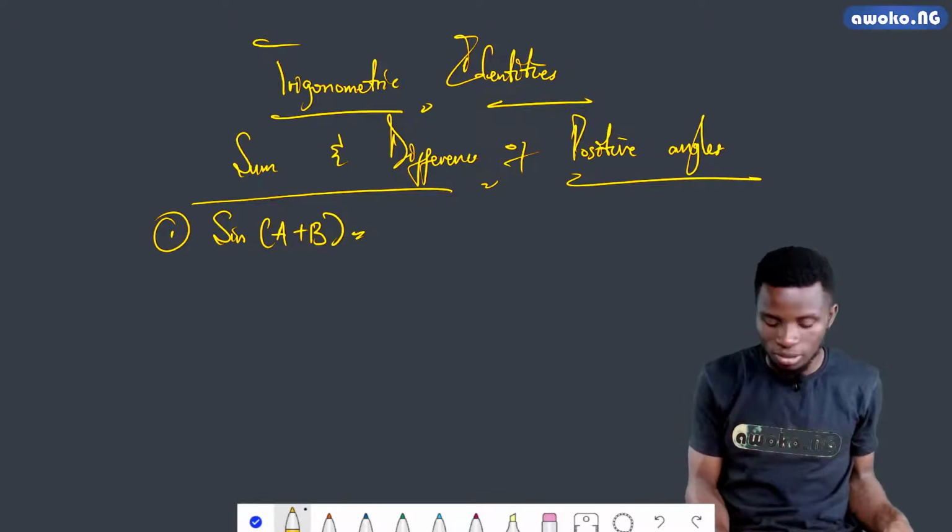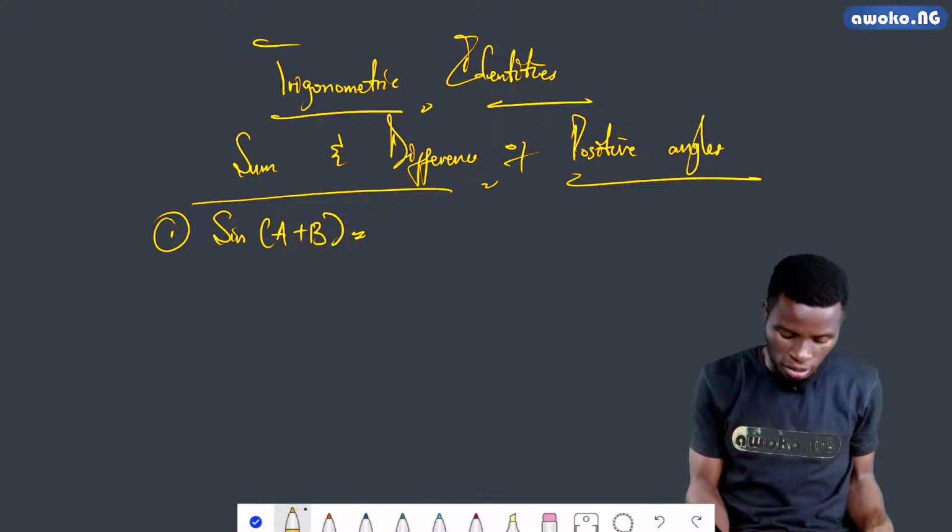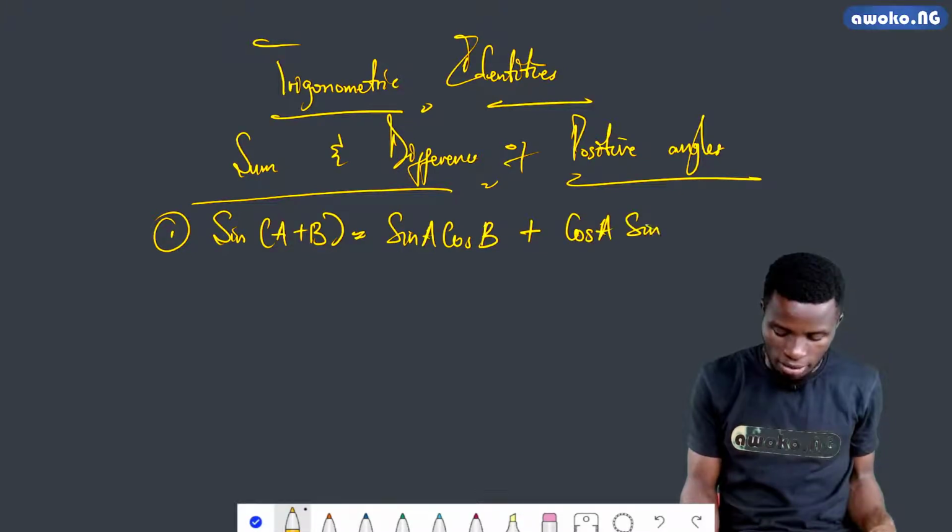As far as sine is concerned, we'll have sine A plus B, where A and B could assume any angle whatsoever. So sine A plus B is equal to sine A cos B plus cos A sine B.